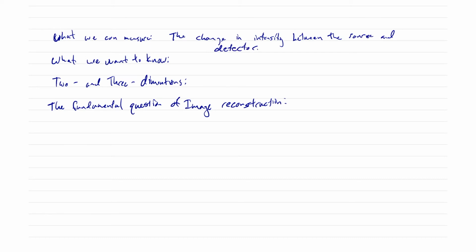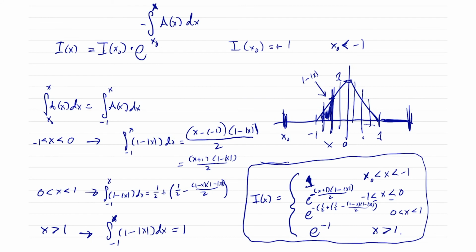What do we want to know? Ultimately, we want to know the value of a of x at each x. But in this one-dimensional example where we just pass through it here, that's not going to really give us a whole lot of information.